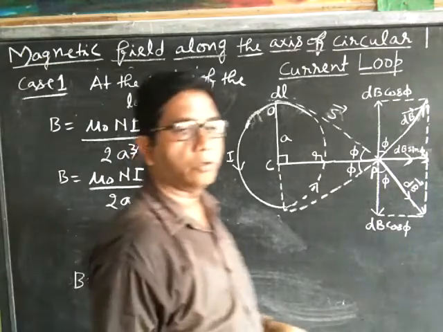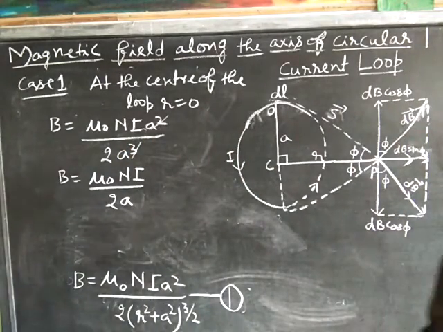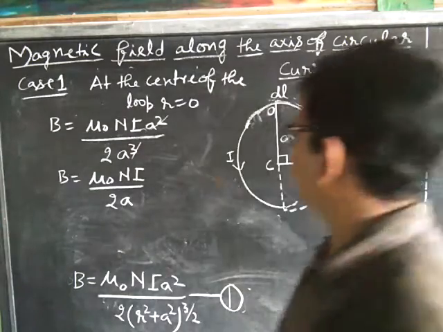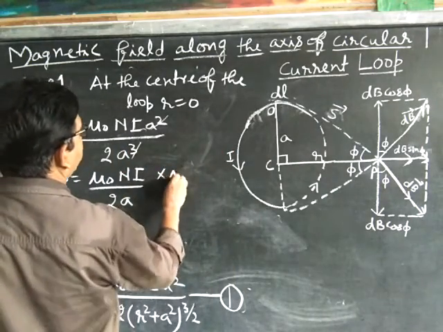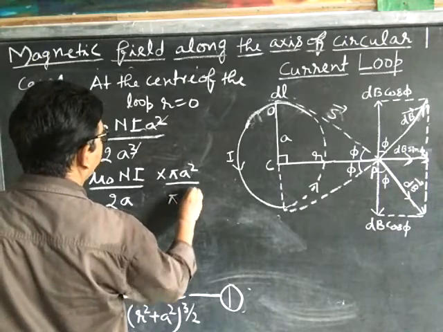Now we multiply and divide by pi A square.